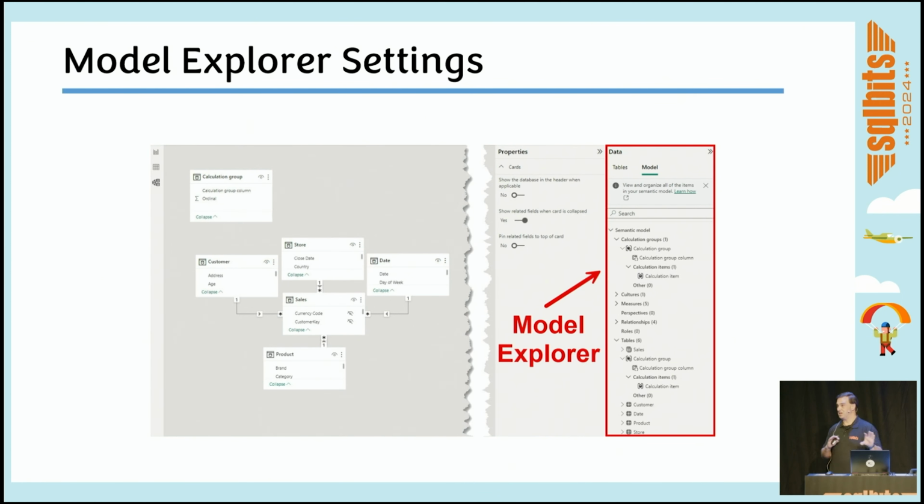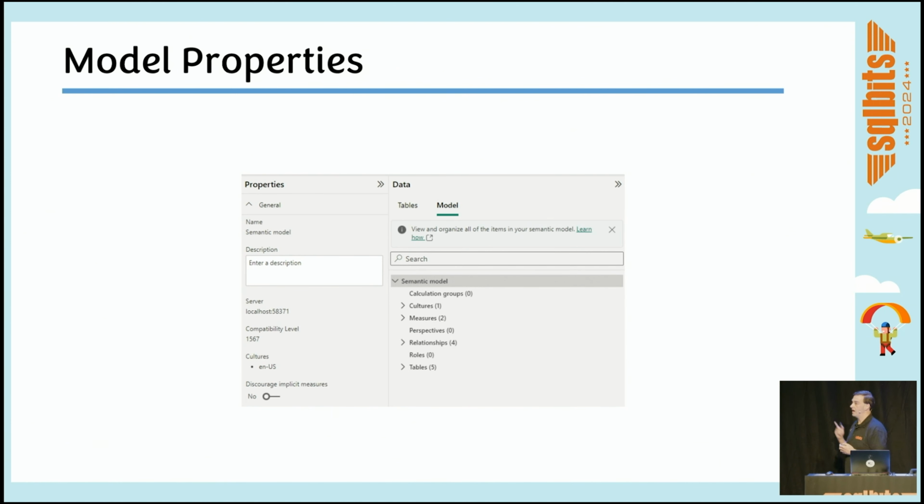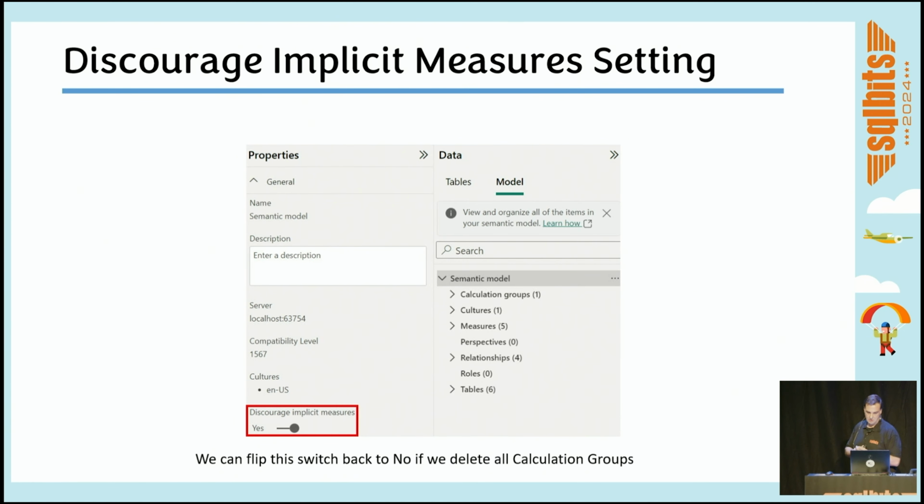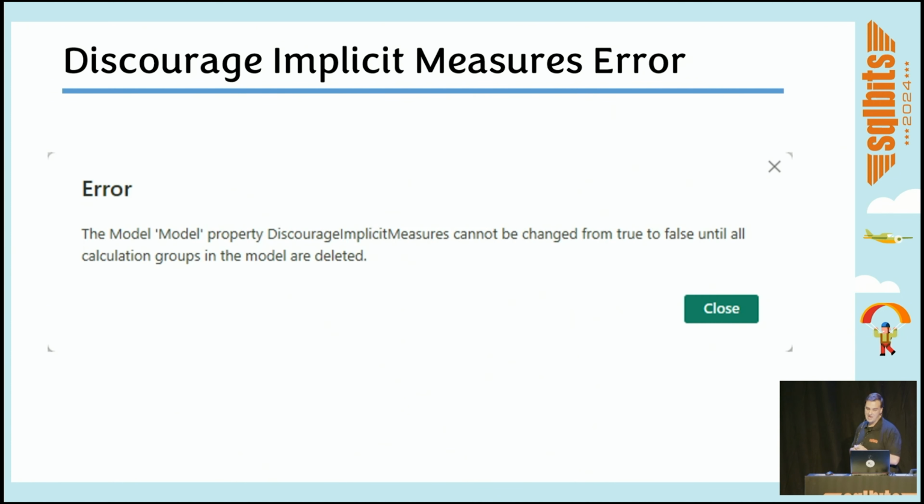The slides may change some depending on what they add or if they get feedback on this. And just like with some of the other tools we have, we can see the properties of our model now. And you can even see that the discourage implicit measures is on, moved over to yes. We can move that back, but we have to first delete all the calculation groups, and then we can restore that. I don't know why you'd want to, but you can.